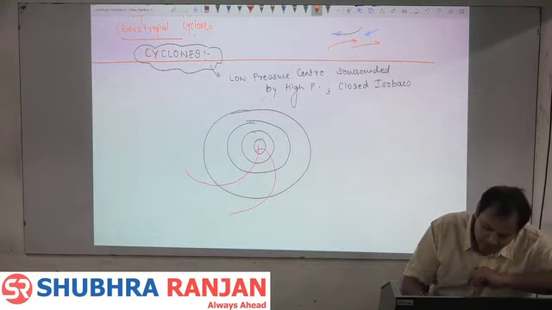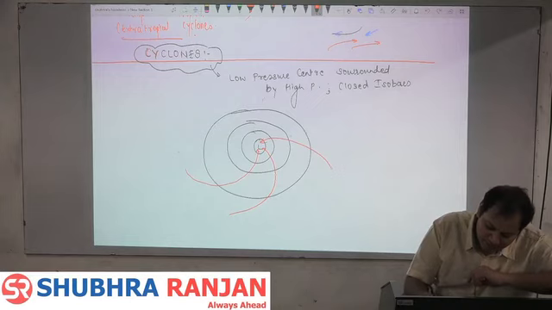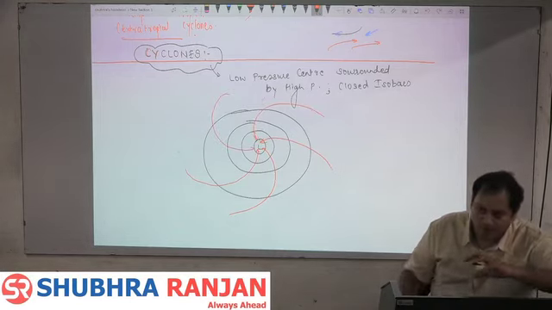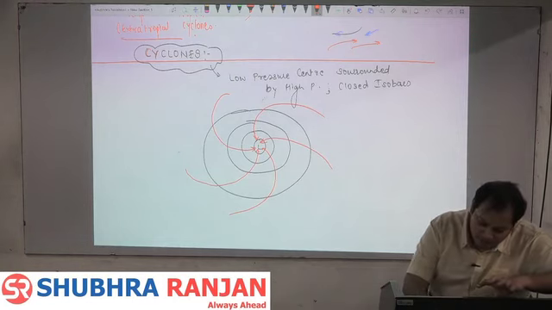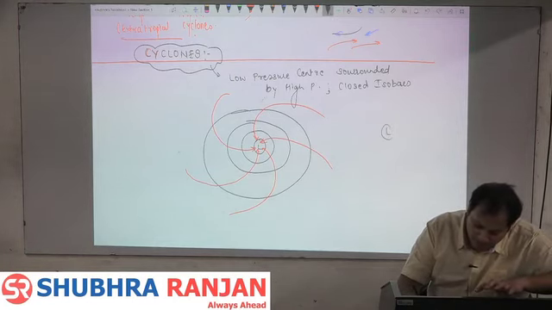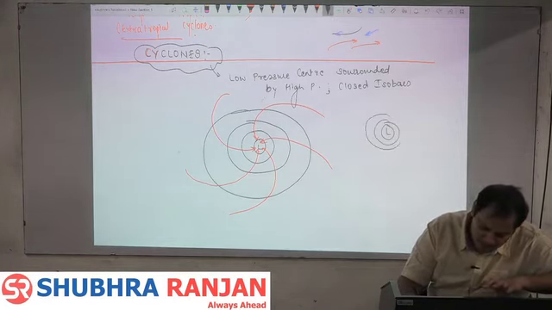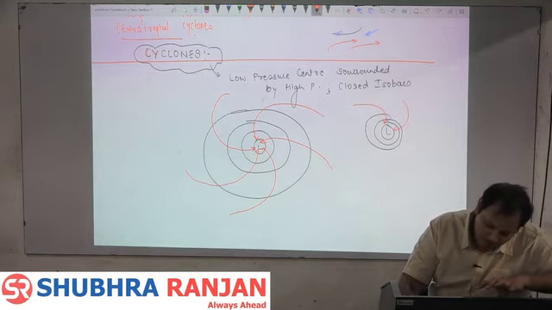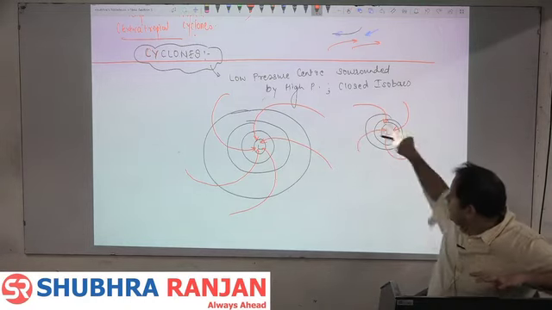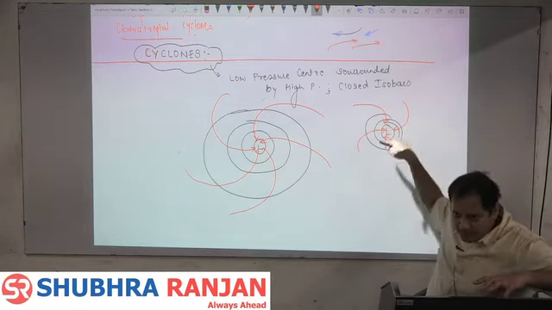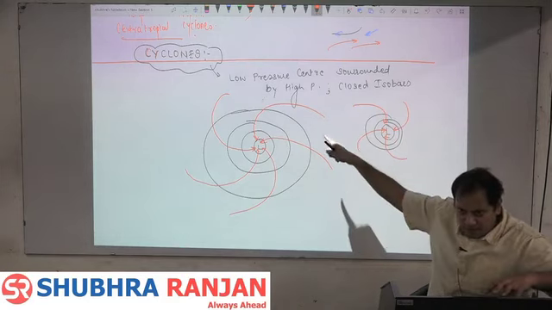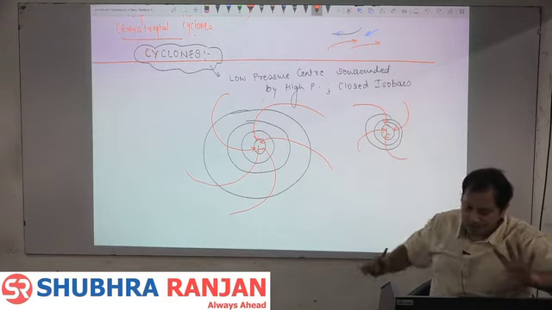These are the examples of the gradient wind that they turn anti-clockwise in the northern hemisphere, or they may become clockwise in the southern hemisphere. Clear?